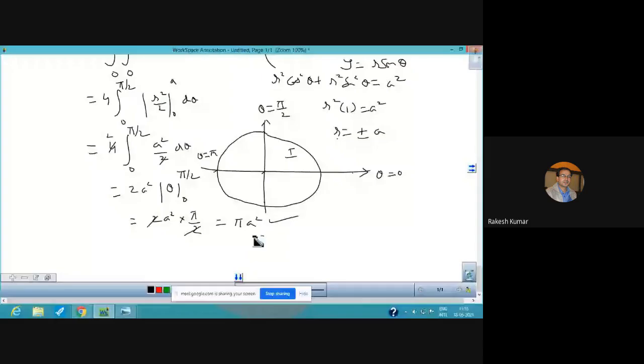So 2 is cancelled. Just see, the value of the area of the circle is again pi a square. So this is the way for finding out the area by double integration, either in Cartesian form or in polar form. So I think it is clear to all of you.